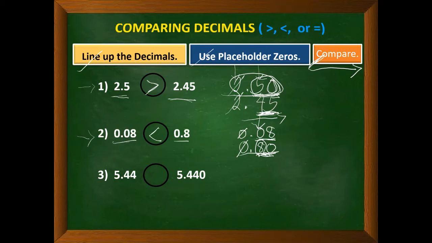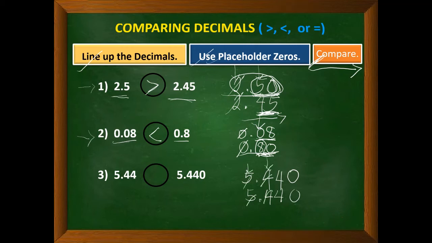Okay, for number 3, let's line up 5 and 44 hundredths, and the other one is 5 and 440 thousandths. Let's add a placeholder 0. Right, just by looking at it, you know that they are equal, right? And even if we will compare them one by one, start from here, it's the same.